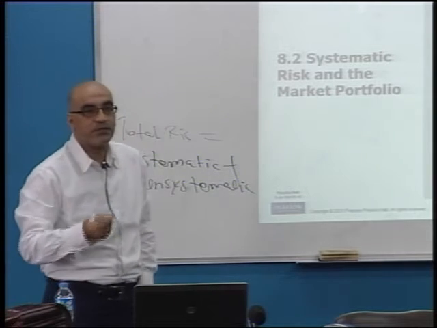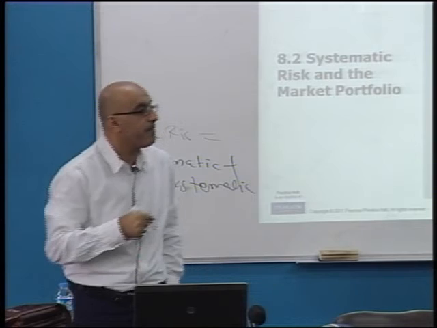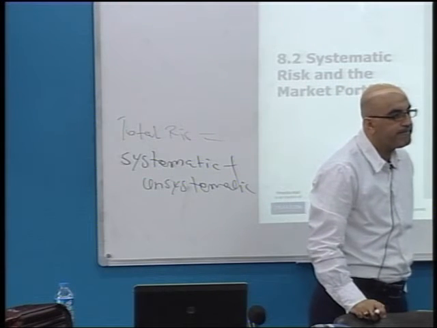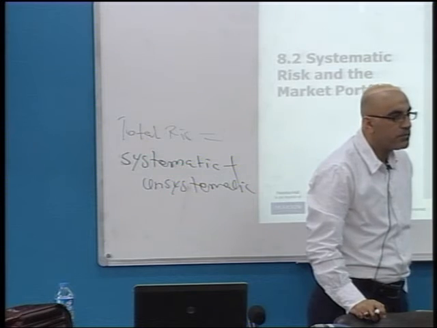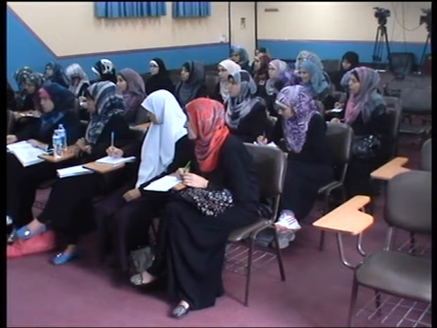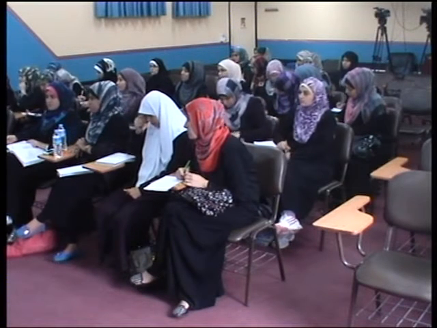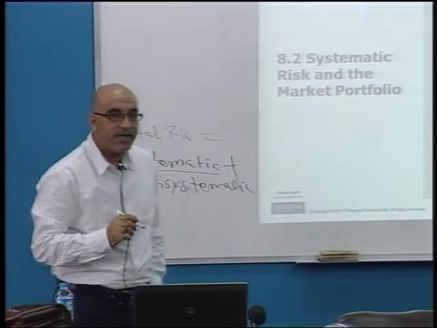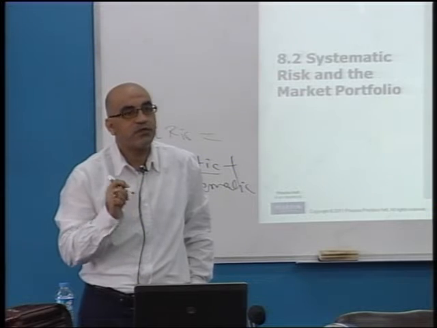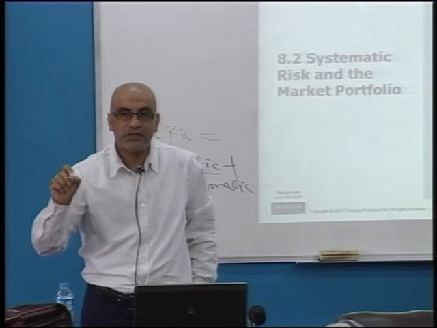Now, what is the difference between systematic and unsystematic? Systematic risk is the risk that contributes in the market, but unsystematic risk can be eliminated and does not contribute in the market. Yeah, you are right. Systematic risk is to what extent a particular stock is influenced by the changes in the market return.